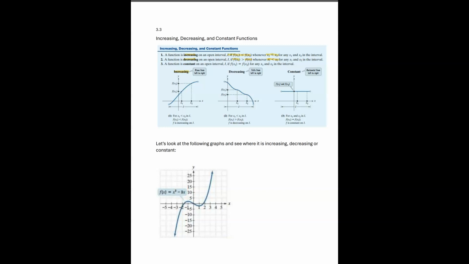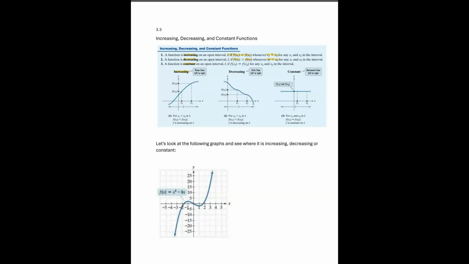And then constant. A constant function on an open interval I, if f of x1 is equal to f of x2 for any x1 and x2 on the interval. So we're starting here on the left-hand side, going to the right, and f of x1 and f of x2 are identically the same. So it's constant.